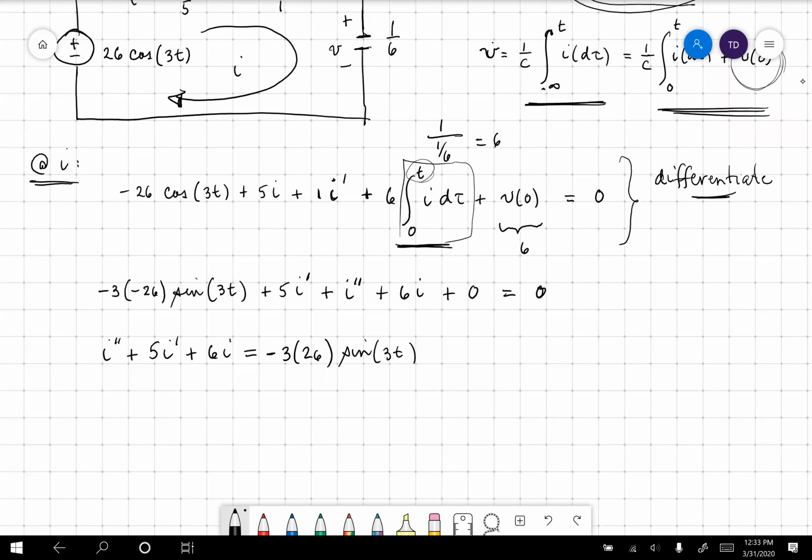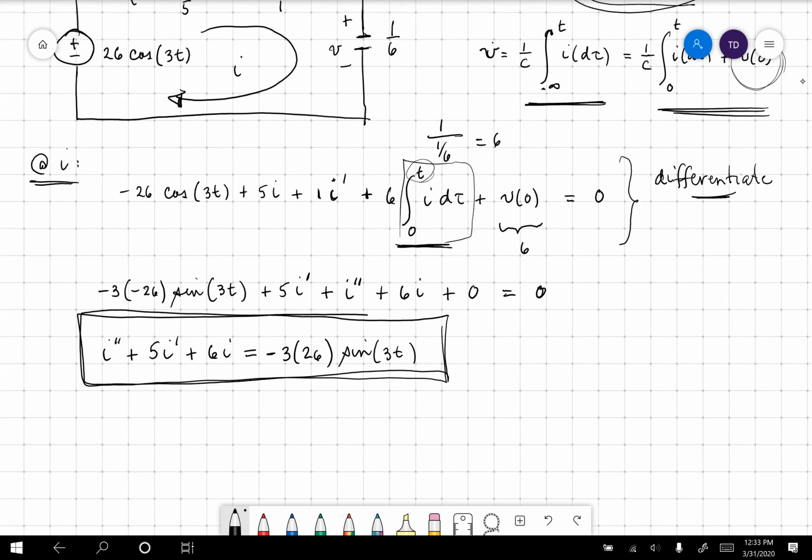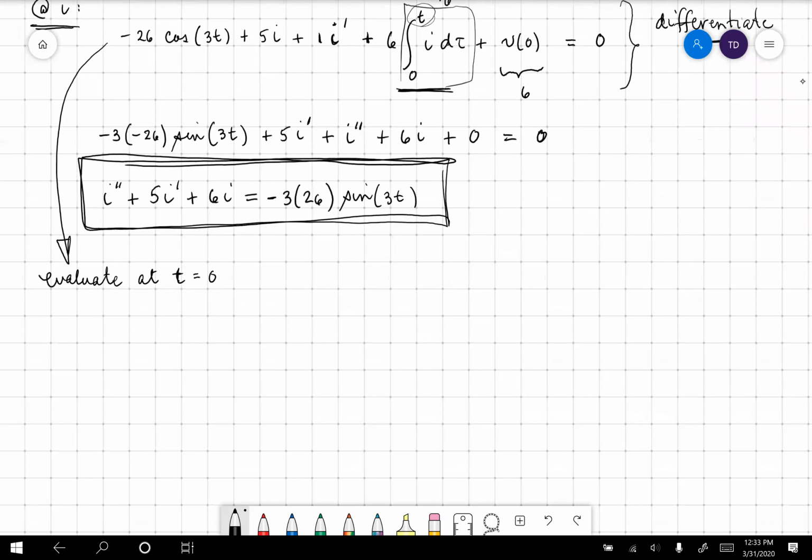So while we're here, I'm going to pause right here, and before I solve this, let's just put a box around this. What I'm going to do is show you why we like writing this equation in this form. I'm going to evaluate this equation at t equal to 0. So I want you to see what goes on when I evaluate that equation at t equal to 0.